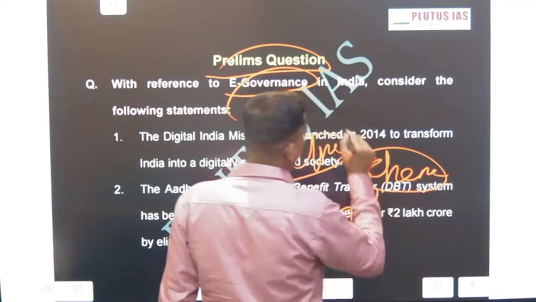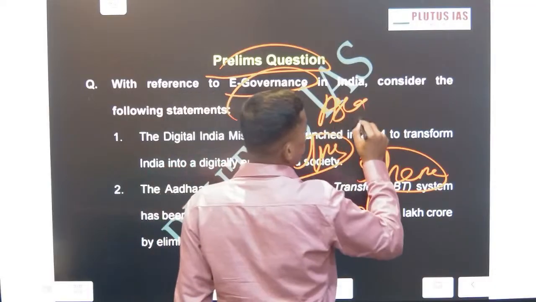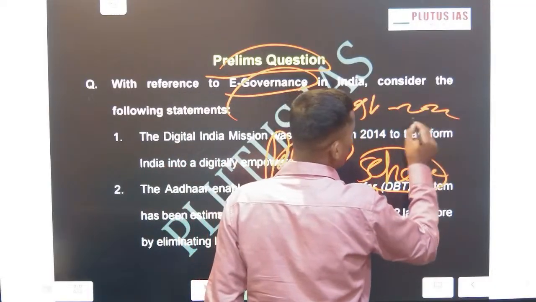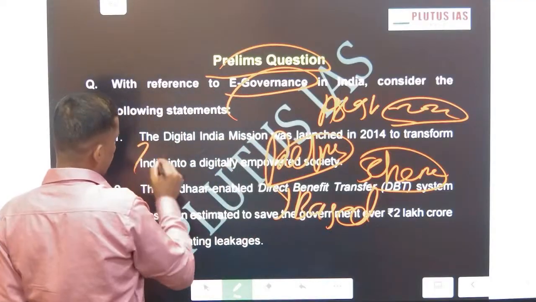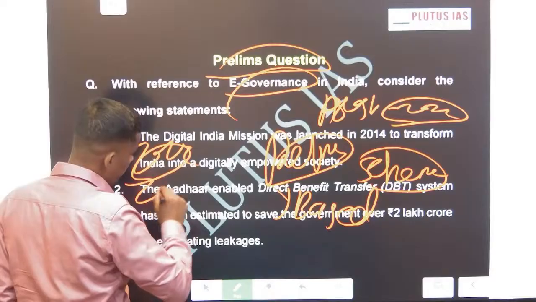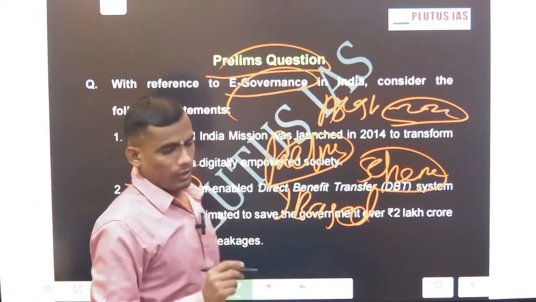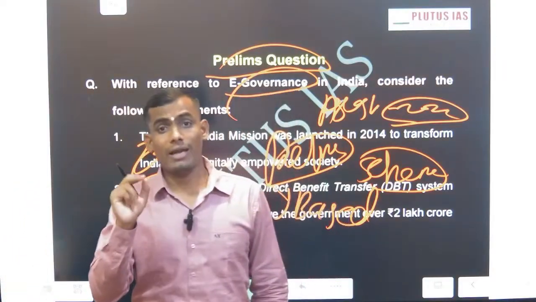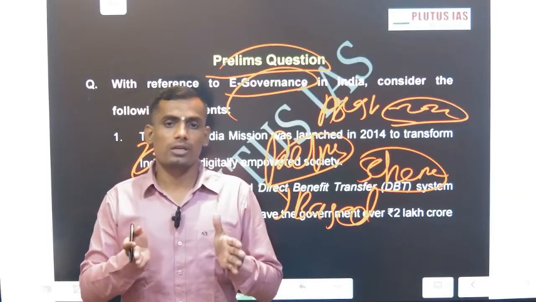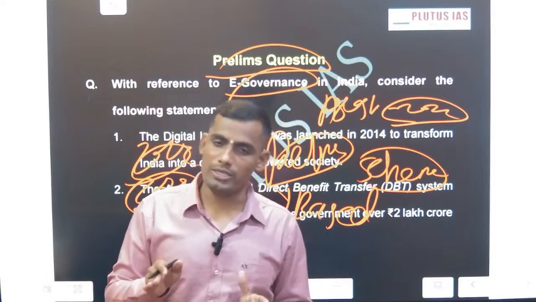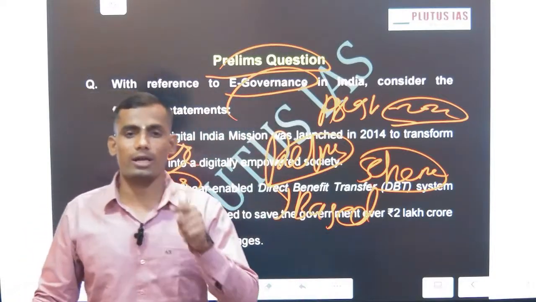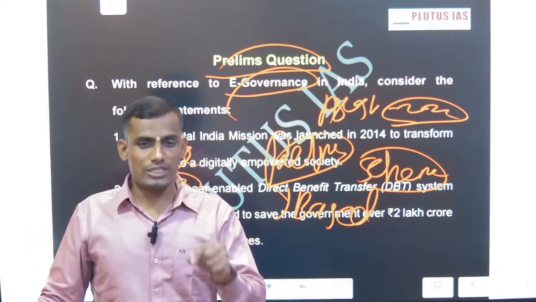For example, the Ayushman Bharat scheme was a 2022 prelims question, then Ayushman Bharat again, then 2024 I discussed, 2025 I have discussed. So do remember the exact scheme and which technology is used. The same approach you can use in your prelims and mains also. It is just a matter of how you are studying. So use one study approach.